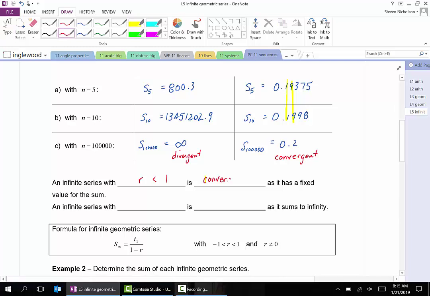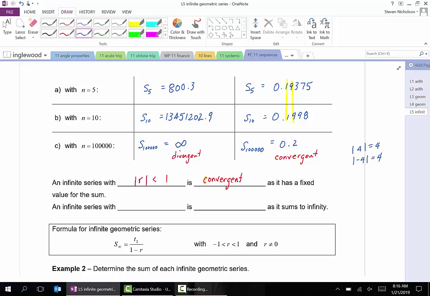Now, when we say r is less than 1, really what it is is the absolute value of r. And the absolute value just means that it can be positive or negative. So the absolute value of 4, for example, is equal to 4, but the absolute value of negative 4 is also equal to 4. So the absolute value can be thought of as the distance away from 0. And when we talk about distance, you don't talk about positive or negative. It doesn't matter if you go left or right, you're still going the same amount of steps.